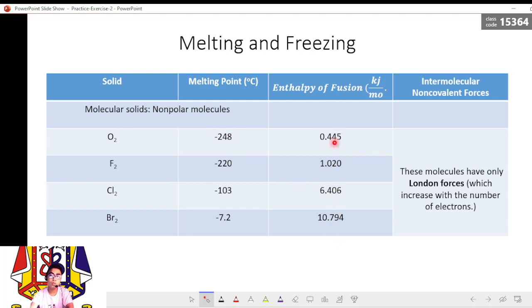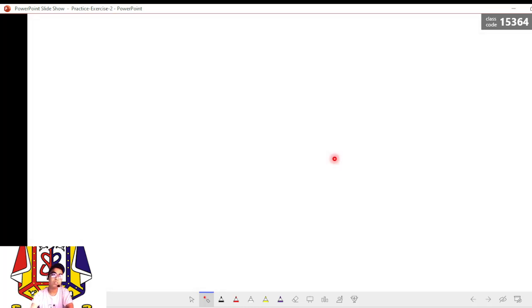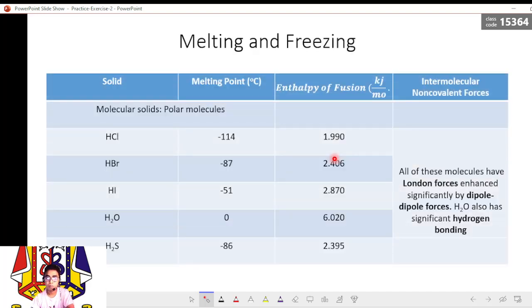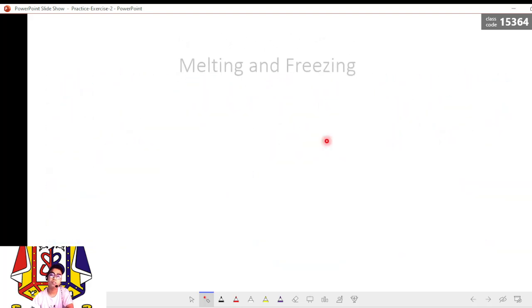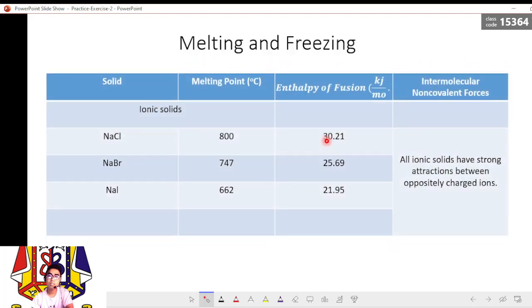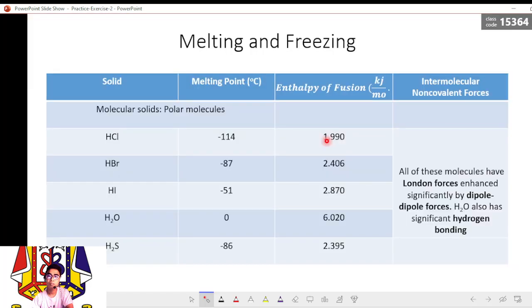So we have a different enthalpy of fusion depending on the temperature of the given sample. So you are going to look here at our enthalpy of fusion, because that will be part of our problem solving. We have different enthalpy of fusion with the different melting point of a compound. For example, in our slide, H2O has 6.020 kilojoule per mole enthalpy of fusion.